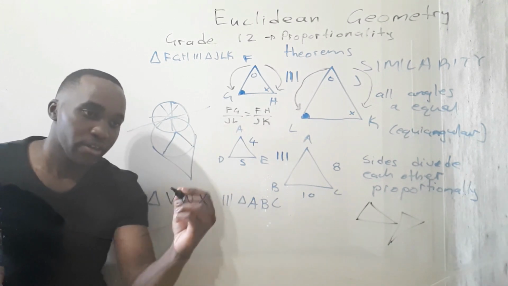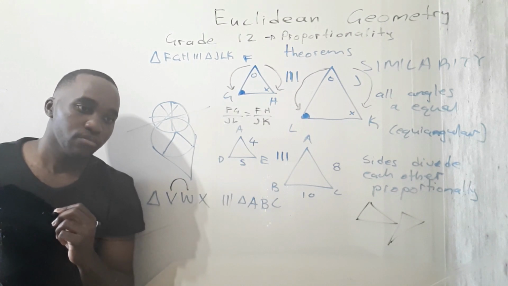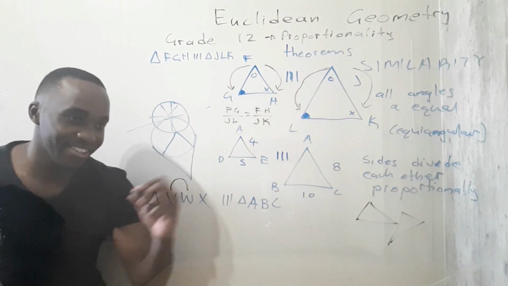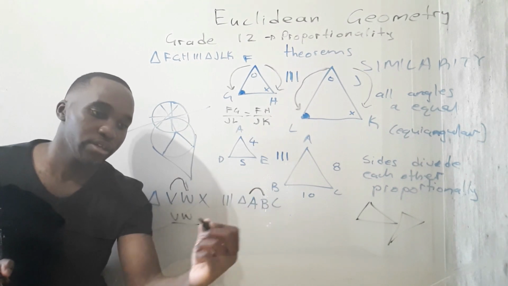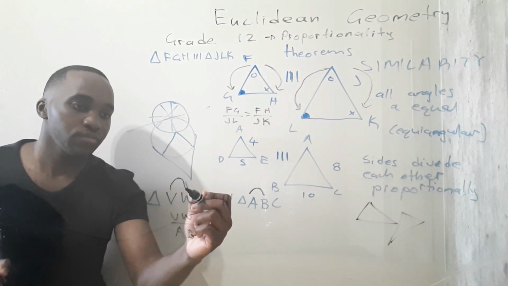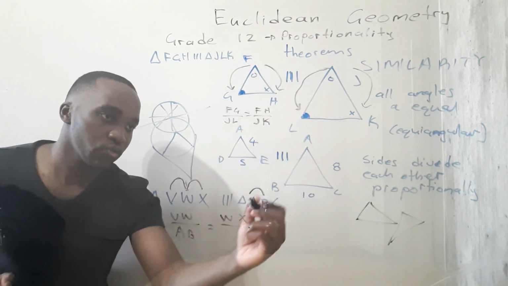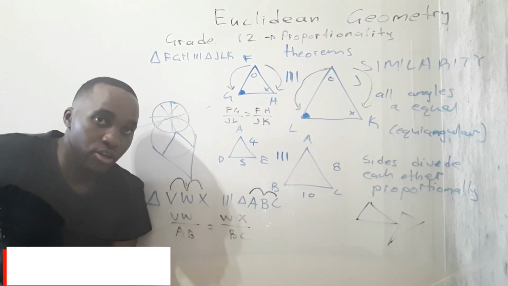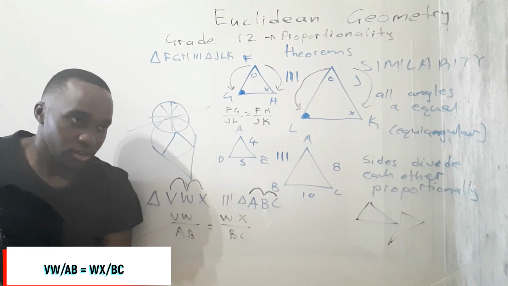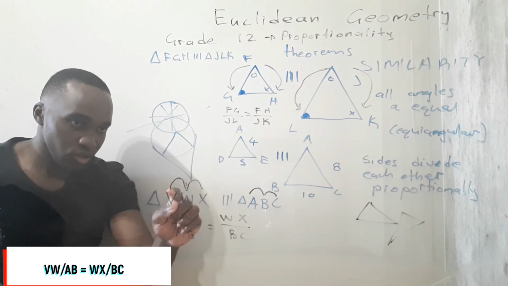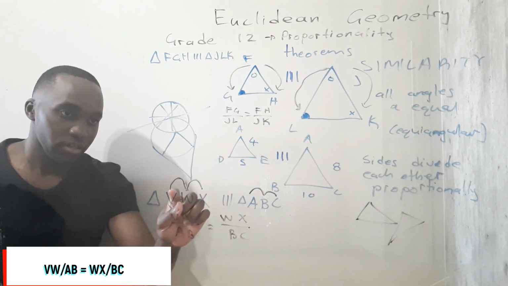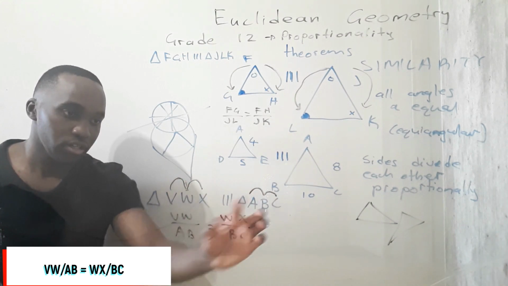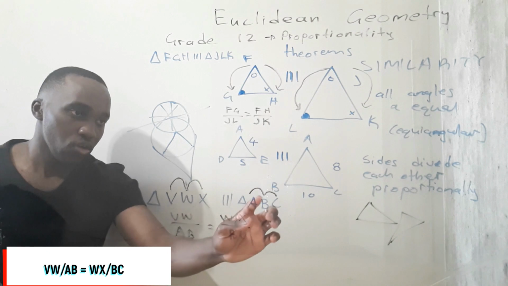You can say stuff like VW, oh, VW, I didn't notice. VW over AB is equal to WX over BC. And you are able to write this out without even seeing the sketch, because as long as this is equal to that, and this is equal to that, and this is equal to this, it means that this over that is equal to this over that.